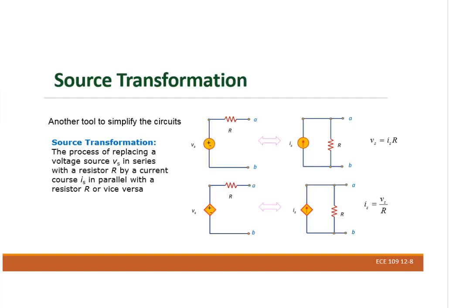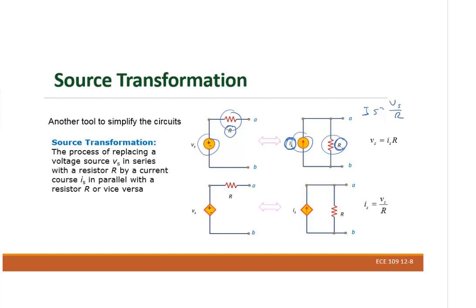So if you have a voltage source and series resistor here, we can represent that with a current source and parallel resistor. R here is the same R right there. The current IS will be equal to VS divided by R.